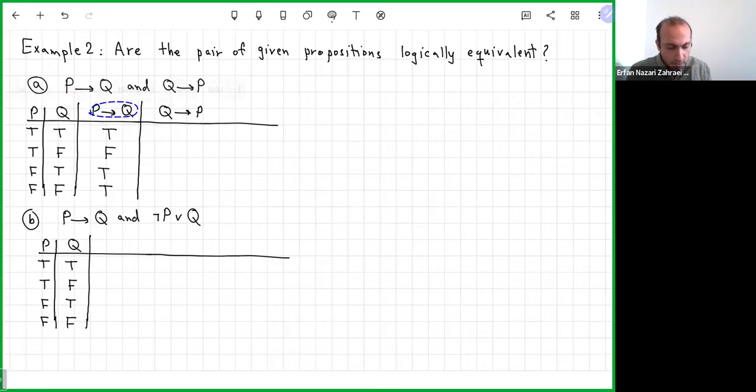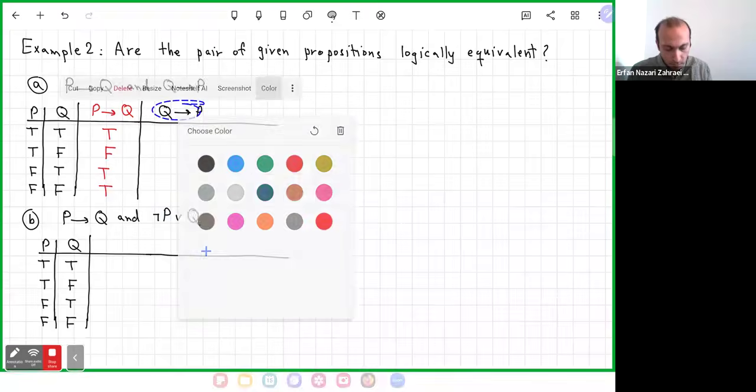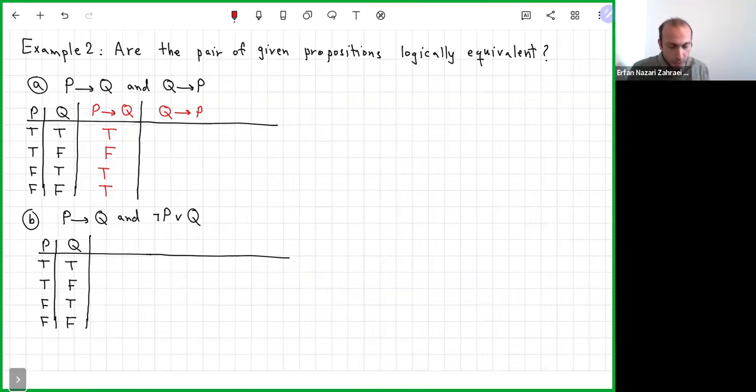How about this? Q implies P. Let me write down the solutions in red. So Q implies P. It's only false if Q is true, but P is false. Q true, but P false. That's this row.